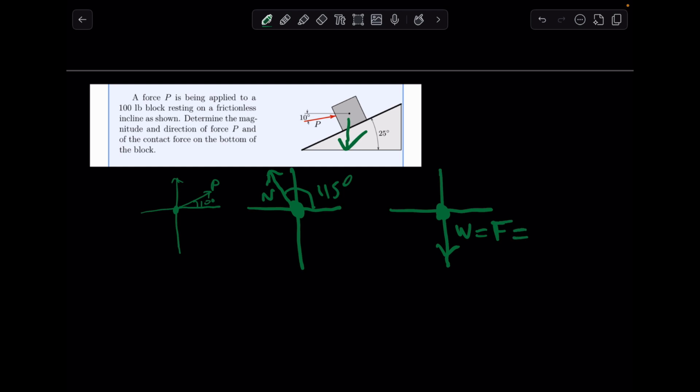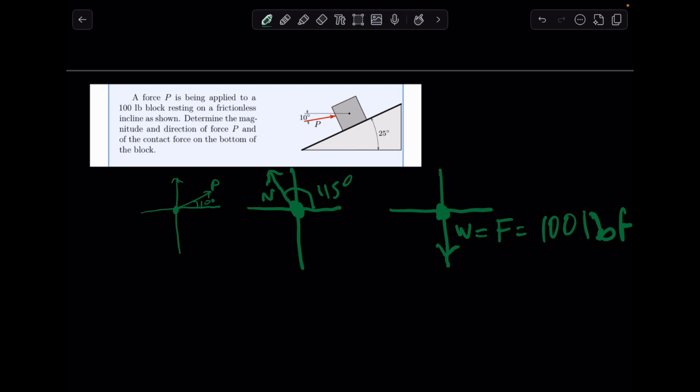Weight represents the force, which is 100 pounds, 100-pound force. Okay, so those are our three force components acting on our block.